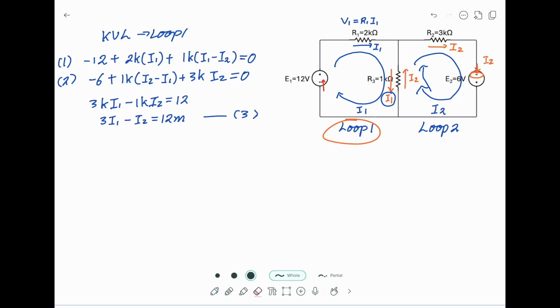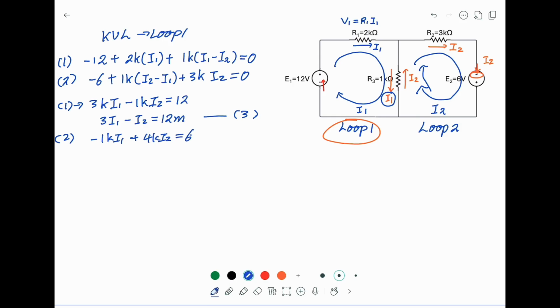I do the same thing for equation 2. And you will get minus 1k I1 plus 4k I2 equal to 6.